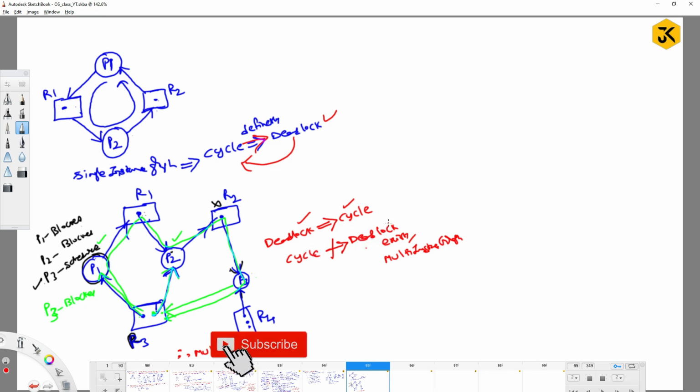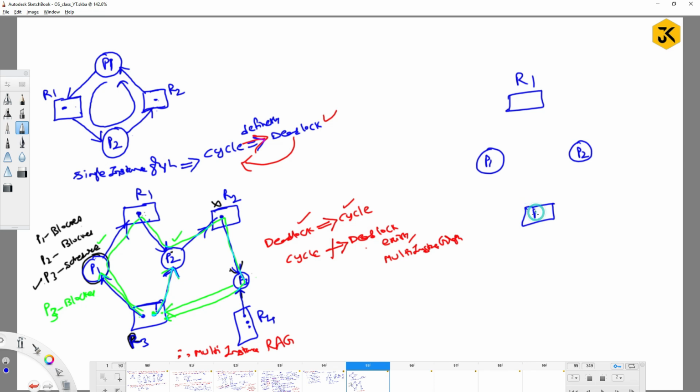For that, if you want, I can give an example. I can draw. Suppose there is a resource R1, a process P1, a process P2, and a resource R2. P1 is requesting resource R1, and for example, two instances are there. P2 is already allocated resource R1, and R2 has two instances.